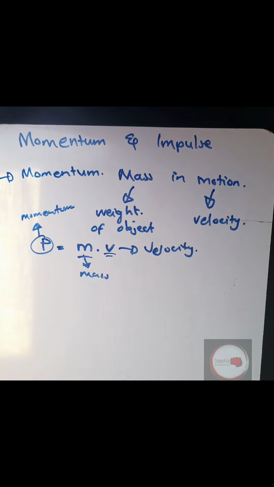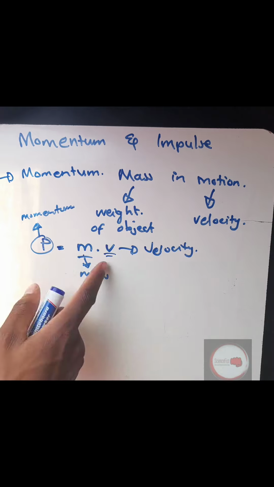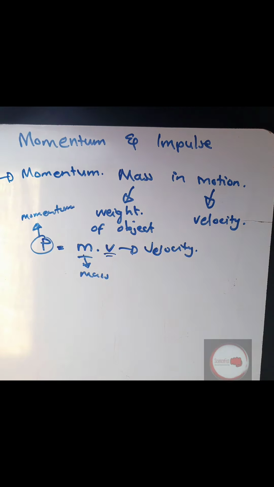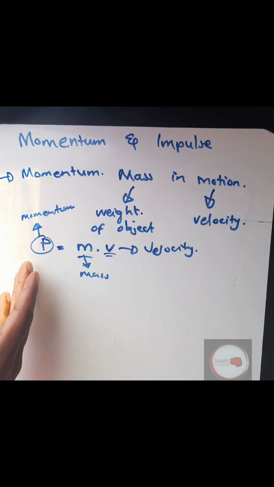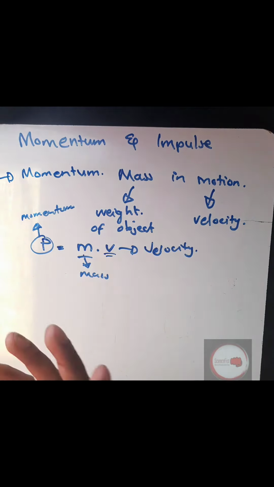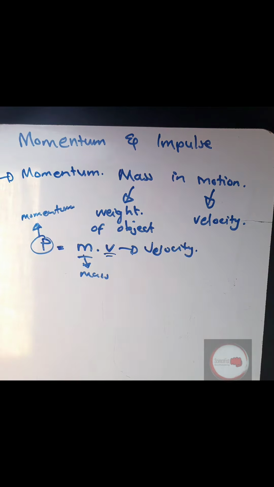So that's what I mean by the momentum being directly proportional to both the mass and the velocity. It can also be defined from the equation as saying the momentum is basically the product of mass and velocity of the object.